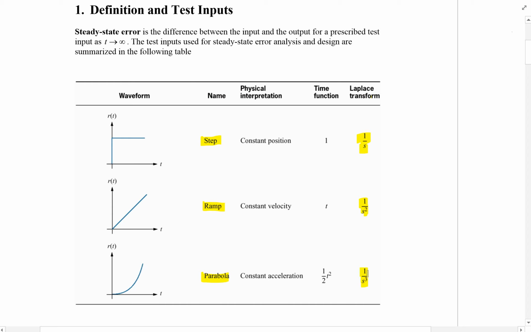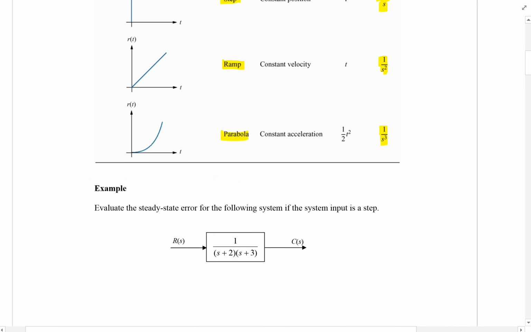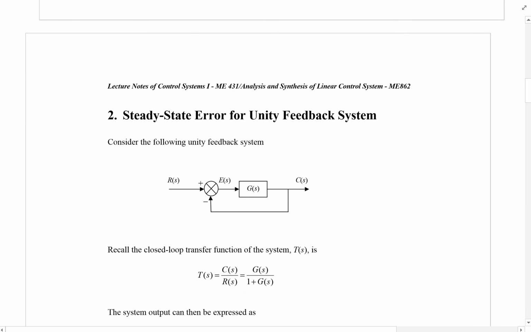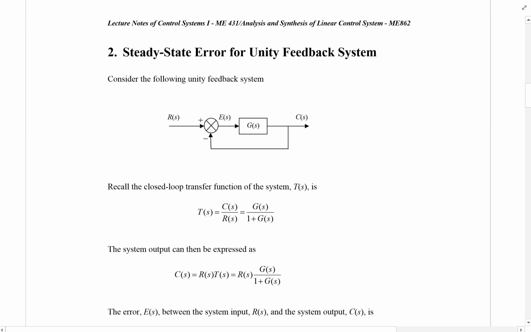Make sure it stays on that steady state value as you want it to. So we're going to expand that. Remember, ramp is 1 over s squared, parabola 1 over s cubed. So have that kind of in the back of your mind as we go forward through this analysis, because we're going to need it in the general case for sure.